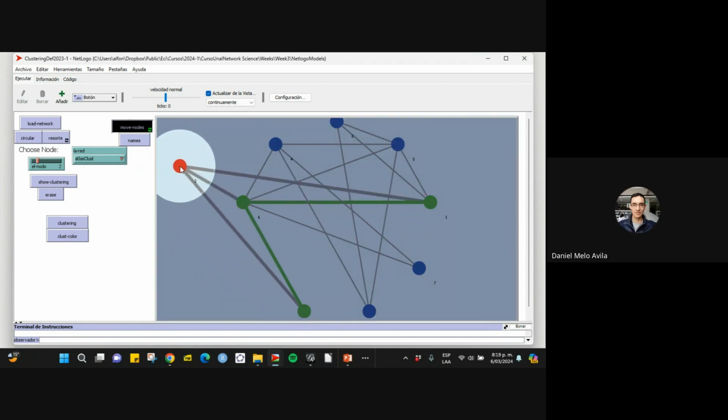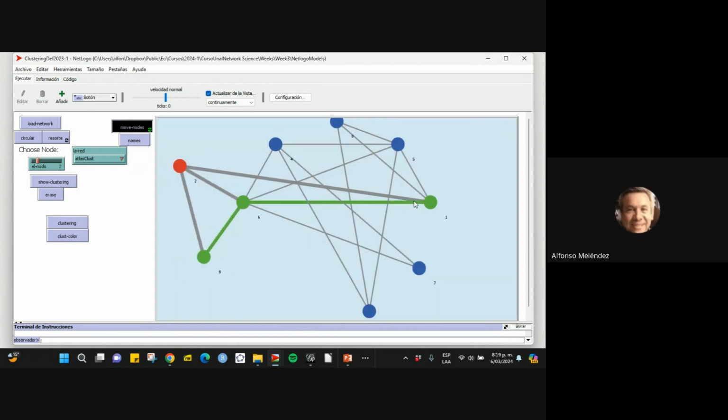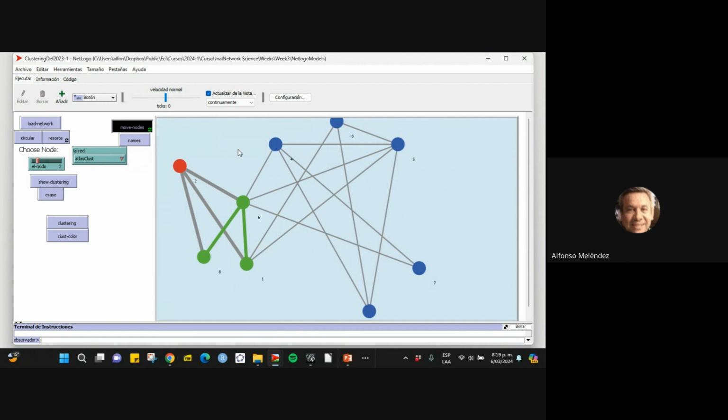Please, can you explain it again? Yes. Look, forget all these blue nodes. Let's concentrate on this node. This node has 3 neighbors. The maximum number of connections that these 3 neighbors can have is 3 connections. This with this, this with this, this with this. If these 3 connections were real, the clustering coefficient of this node is maximum.